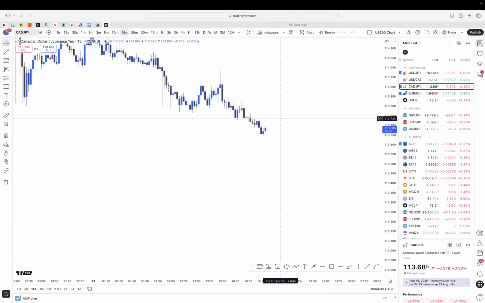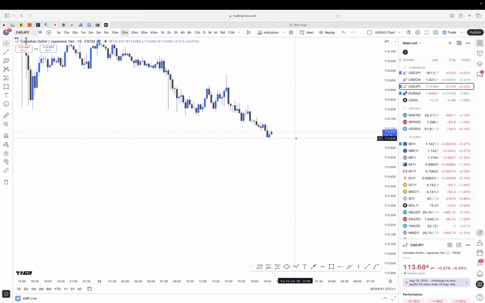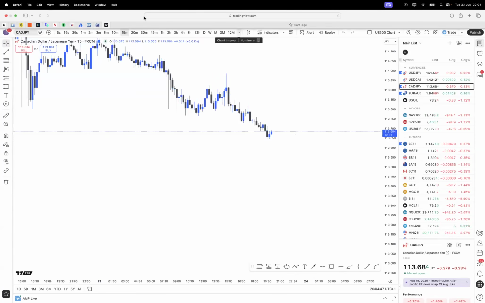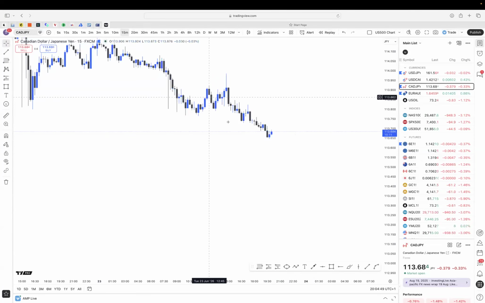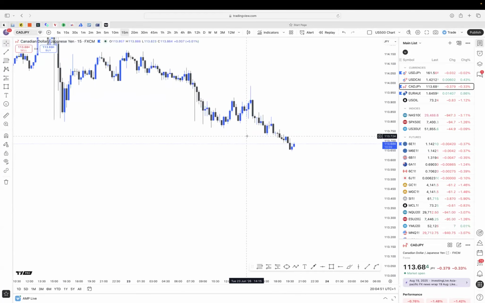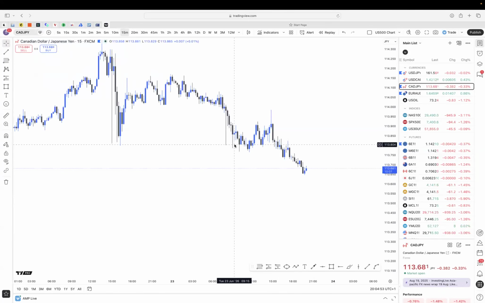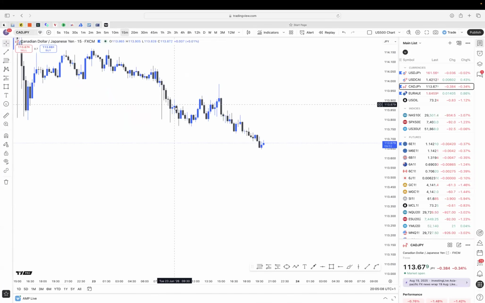So, I just want to simplify trading a little bit more for you. First and foremost, we need to understand the fundamentals, but also we need to stop overcomplicating something that doesn't need to be complicated, if that makes sense.